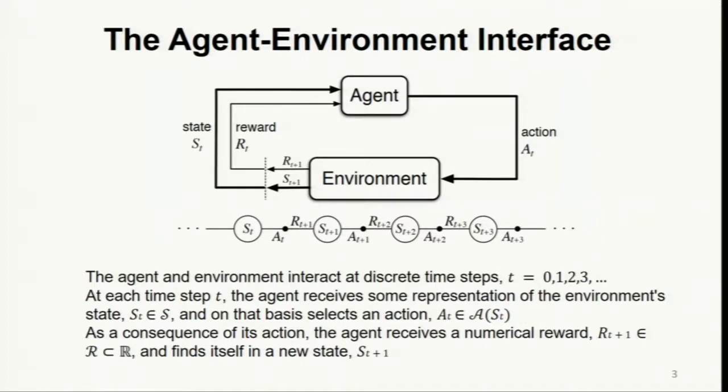Okay. Good. So first, if you are an agent, you're trying to see what the state of the system is, right? And then based on the reward that you have got, you're going to choose an action. Once you choose an action, the environment is going to give you a new state and then a new reward.